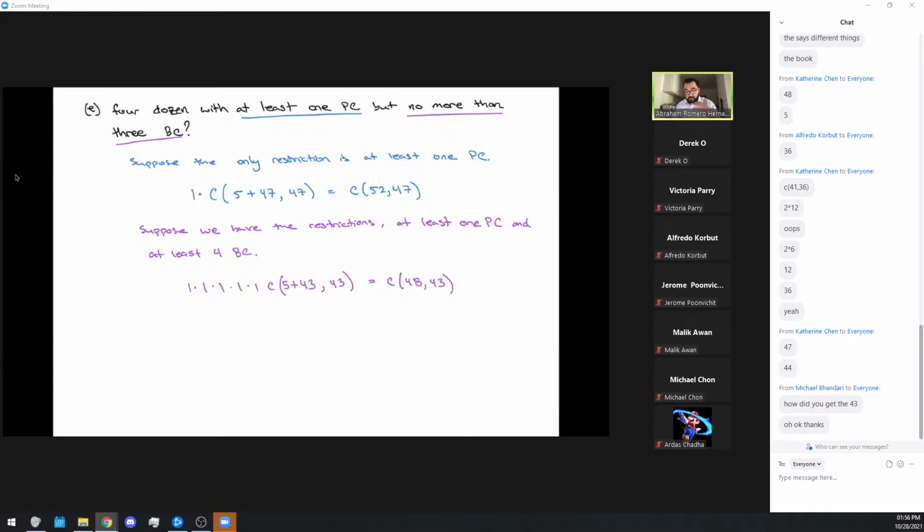Now, why did I do 4 more when the restriction says no more than 3 broccoli croissants? Because one, it's a lot more difficult to figure all of this out the way it is. So the way I'm doing it is this. Assume we have a set of croissants where this set represents croissants that have at least 1 plain croissant, but this also has the possibilities of having no broccoli croissants, 1 broccoli croissant, 2, 3, 4, 5, all the way to 48.